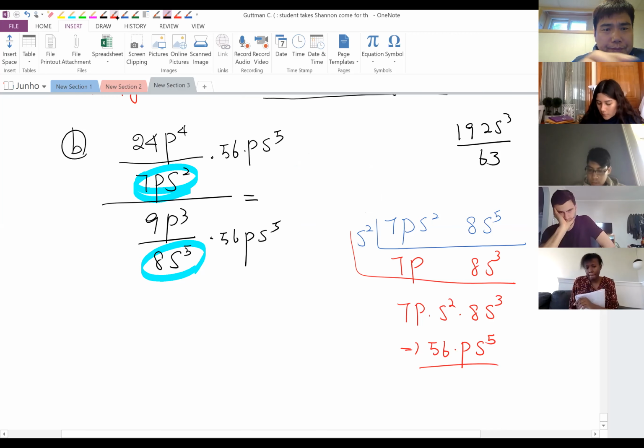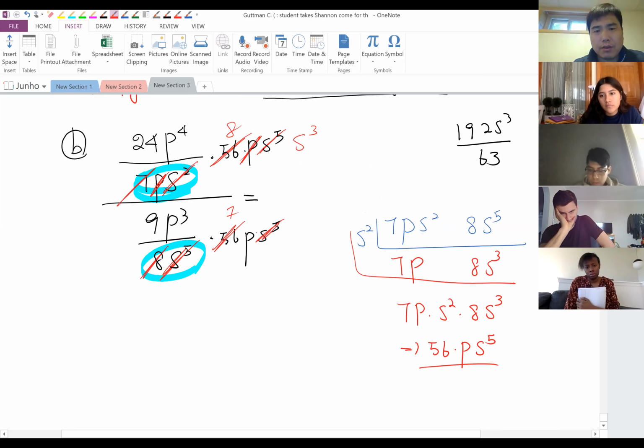Then I can see 7 and 56 become 8. P and P is gone. S squared becomes S cubed. Now 8 and 56 becomes 7. S fifth is gone.